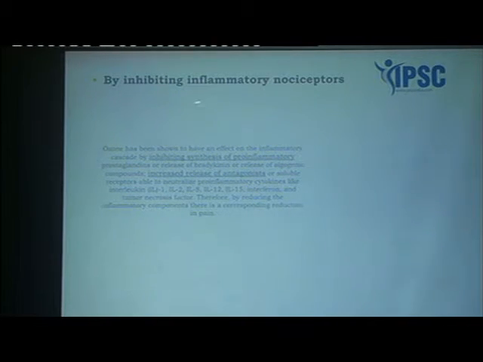The other mechanism is by inhibiting the inflammatory nociceptors. So ozone is again a very good anti-inflammatory. But we must understand there is a concentration. Ozone is very good anti-inflammatory if you are using it below 35 mics per ml of oxygen. Above 50, it is very highly inflammogenic, it causes inflammation.